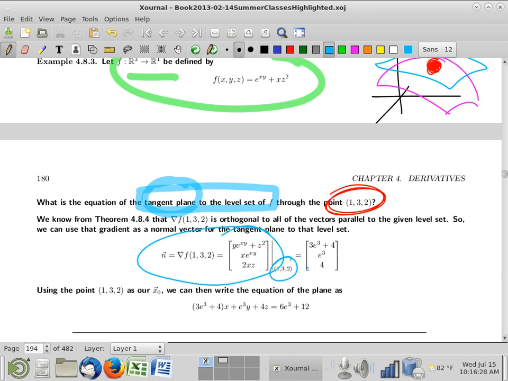Plug in the point in question. So that ends up being what you're going to use as your normal vector. So first, second, and third components there. That's what you dot with x, y, and z. There's your equation of your plane. Questions? Everybody happy? Yes?